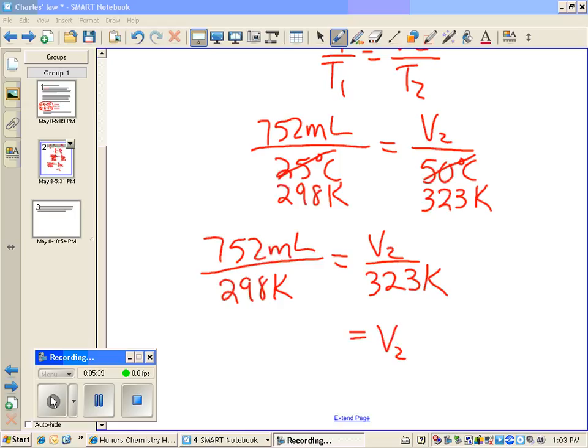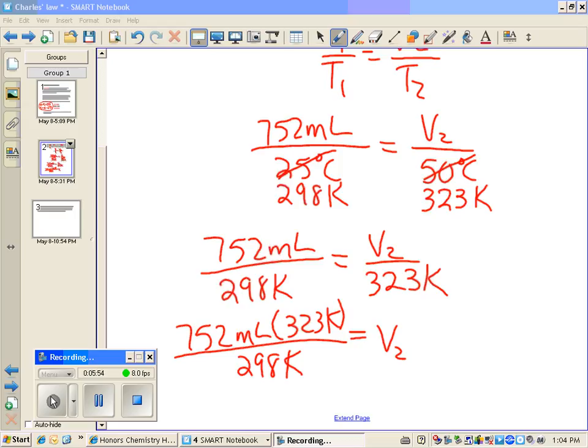I'm going to multiply both sides of that, right? Correct? So I'm going to say 752 milliliters times 323 K, divided by 298 K. The K would cancel out on the side, and that equals my V2.